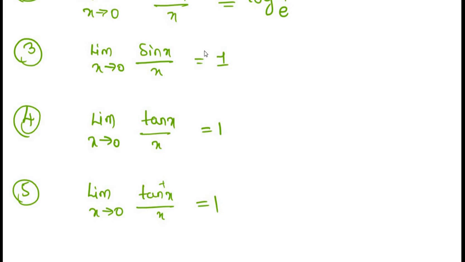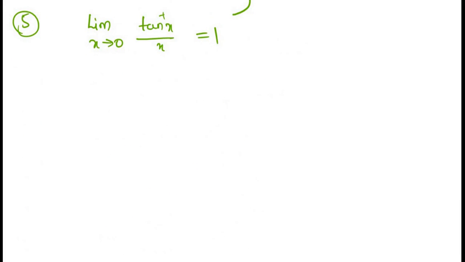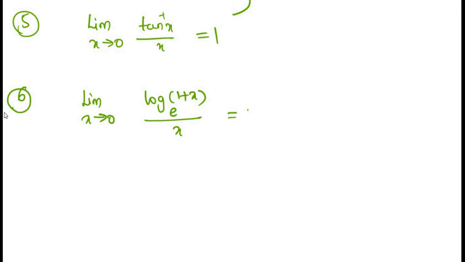So you can remember all these three forms very easily. And sixth property: limit x tends to 0, log(1 plus x) base e by x, is equal to 1.